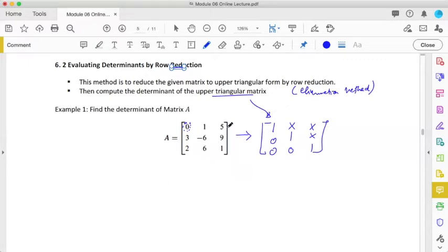If that is row 1, row 2, and row 3, we can swap row 1 and row 2. So it becomes, for the row 1, and for the row 2, you can see here that we already swapped it. And for the row 3, we just write it back.